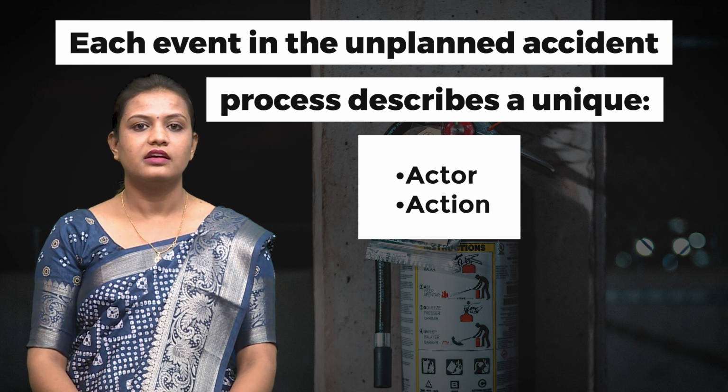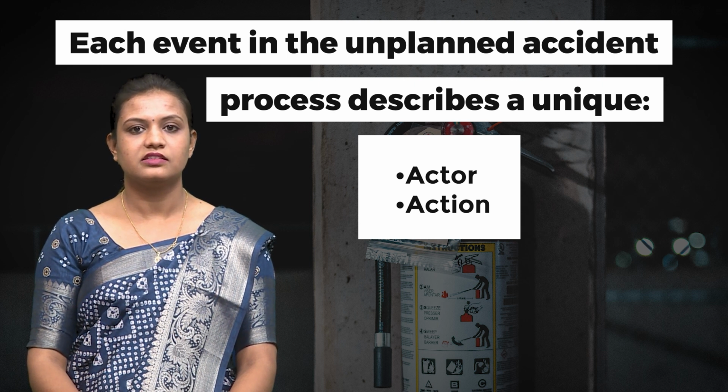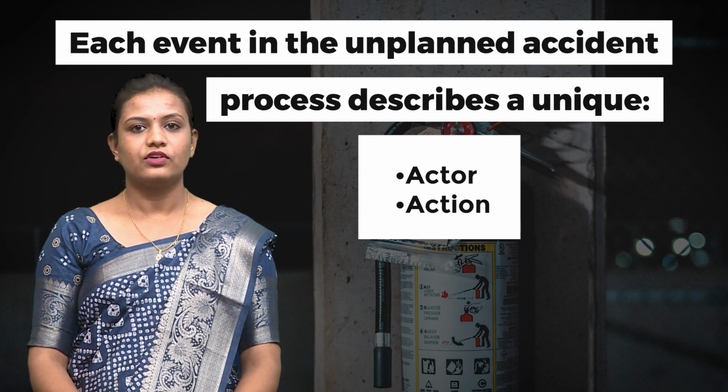Action is something that is done by an actor. Actions may or may not be observable. An action may describe something that is done or not done. Identify the actor, then tell what the actor does. The actor is the doer, not the person or object being acted upon.